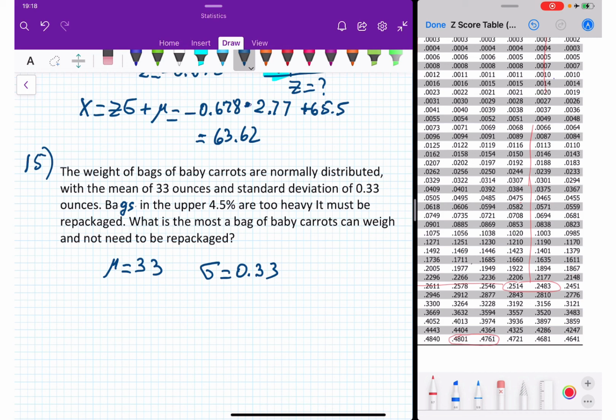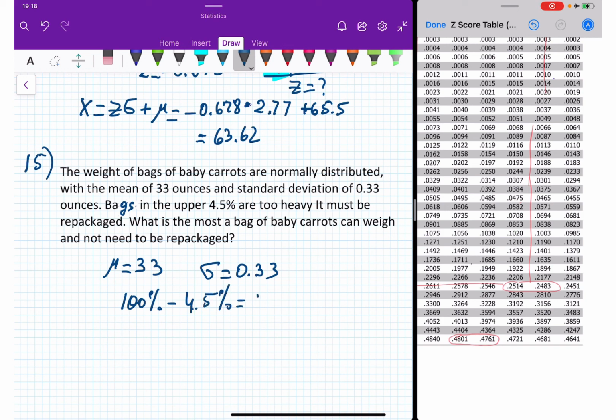So what are we going to do? So if 4.5% are too heavy and need to be repackaged, that looks like it's going to be the right tail, then which percentage doesn't have to be repackaged? So it's 100% minus 4.5%, right?